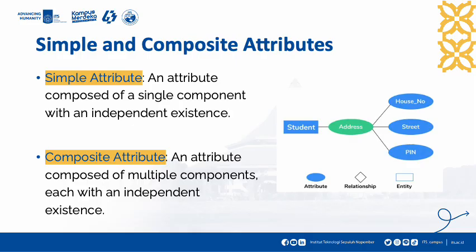Address could be composed of multiple components, for example, house number, street, or even pin. Pin here is maybe the postcode. Name could also be a composite attribute, maybe consisting of first name and last name. So when an attribute can be broken down into multiple components, it is called a composite attribute.